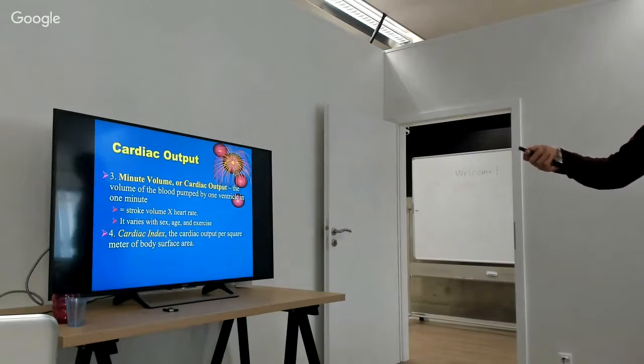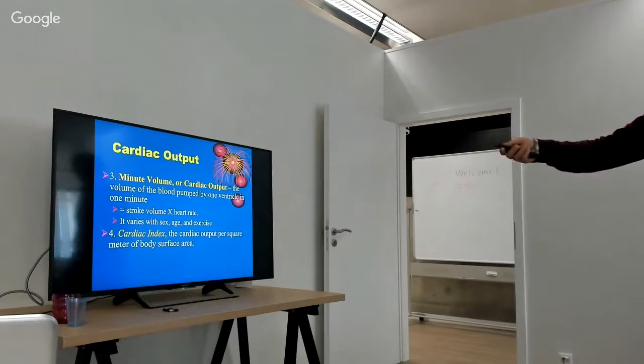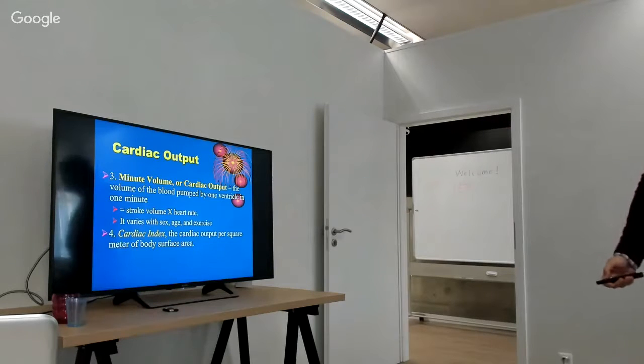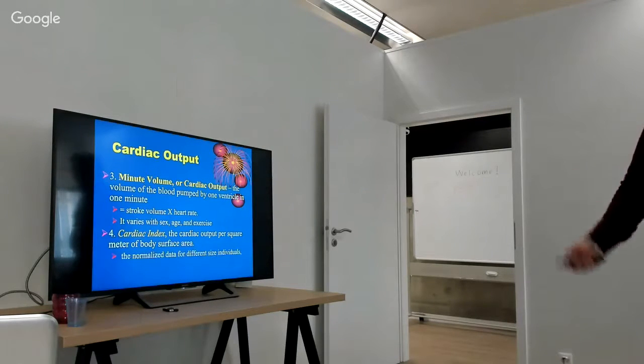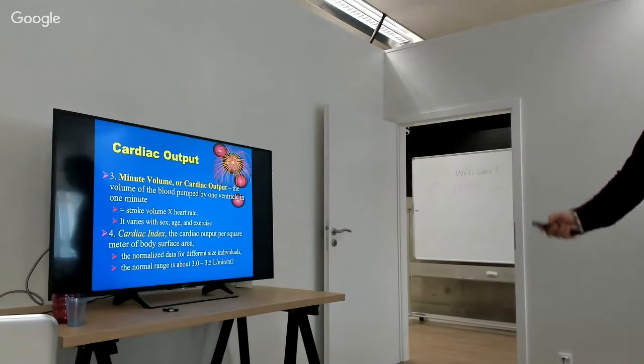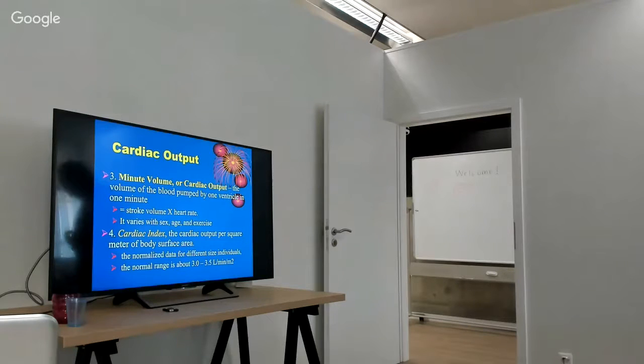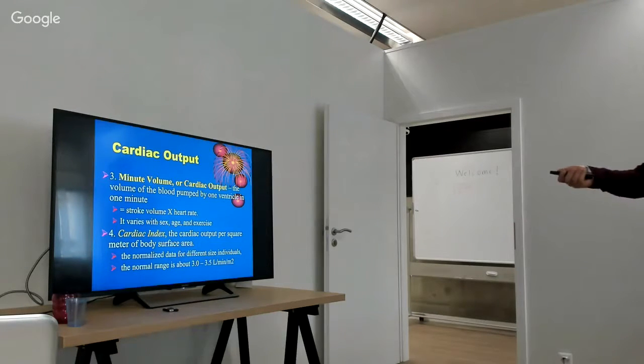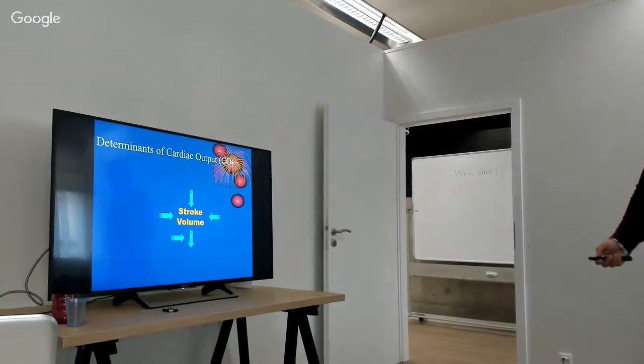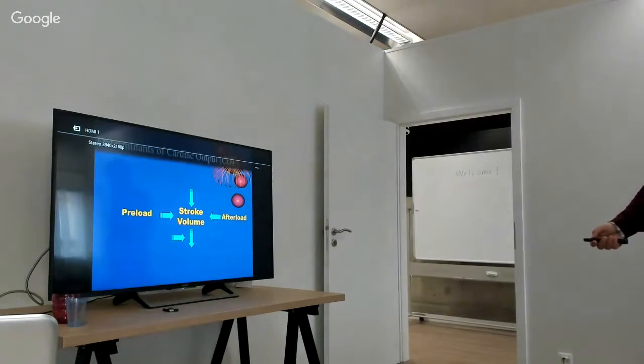The minute volume or cardiac output is stroke volume multiplied by heart rate. Cardiac index is the ratio between cardiac output and body surface, per square meter of body surface. We have seen the determinants of cardiac output.